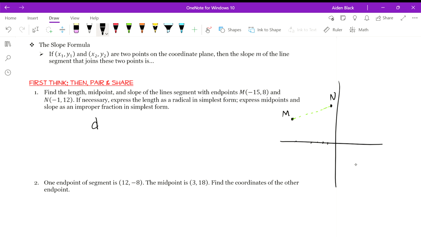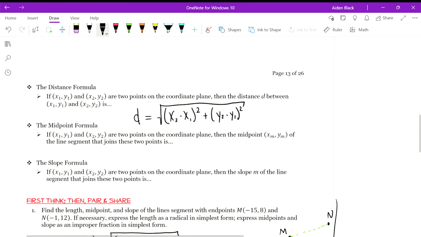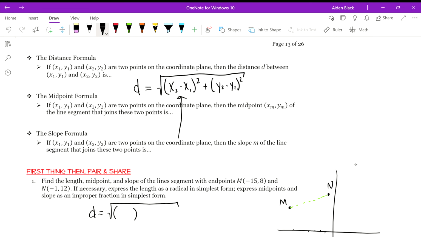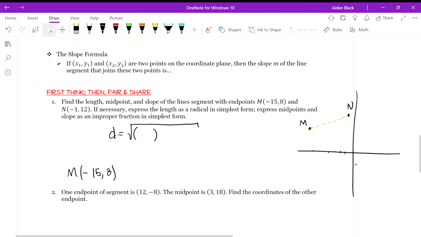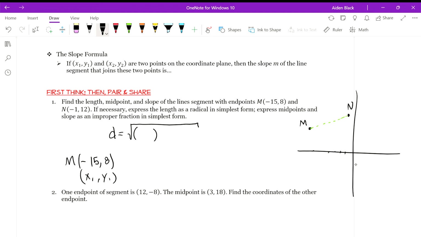So distance is equal to the square root of, we're going to take x2 and subtract x1, right? This is written right here. So let's say M is our x1, y1, that's our first point.